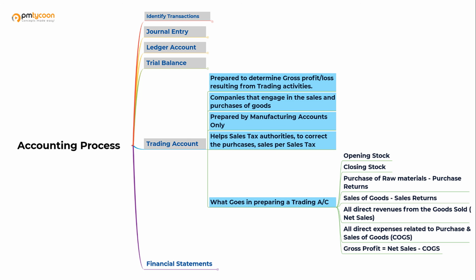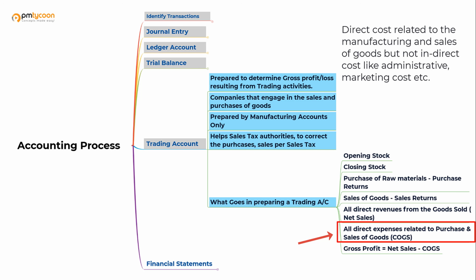So we also need to consider the direct costs associated with the purchase of goods or the sales of goods. Remember, we only need to consider the direct costs related to the purchase, manufacturing, or sales of goods, not any of the indirect costs like advertisement costs or some back office administration costs. Only the ones that are directly associated with the production and selling of the goods.